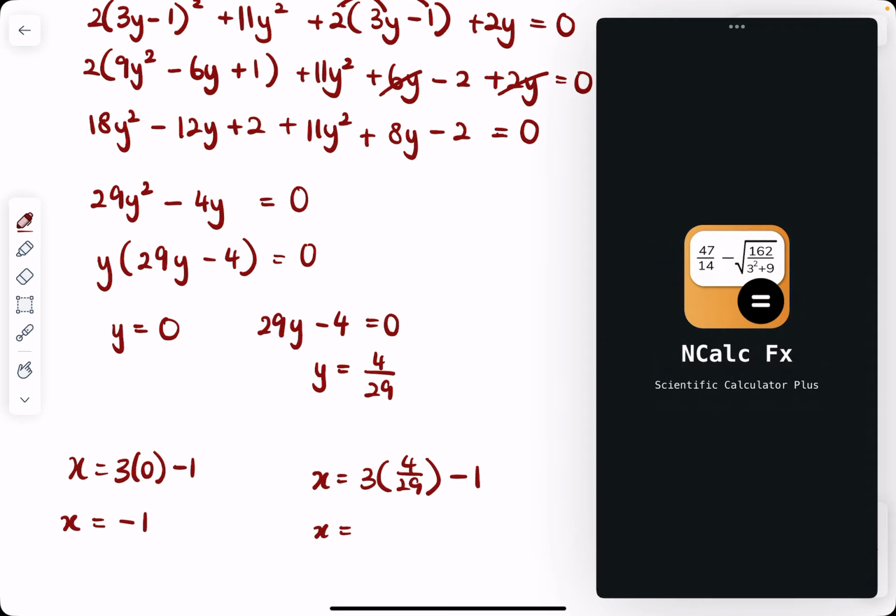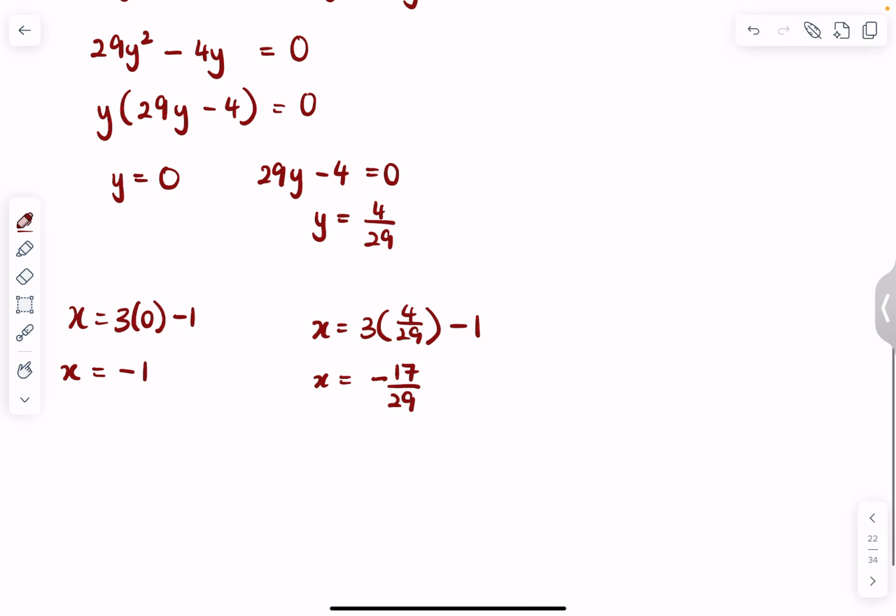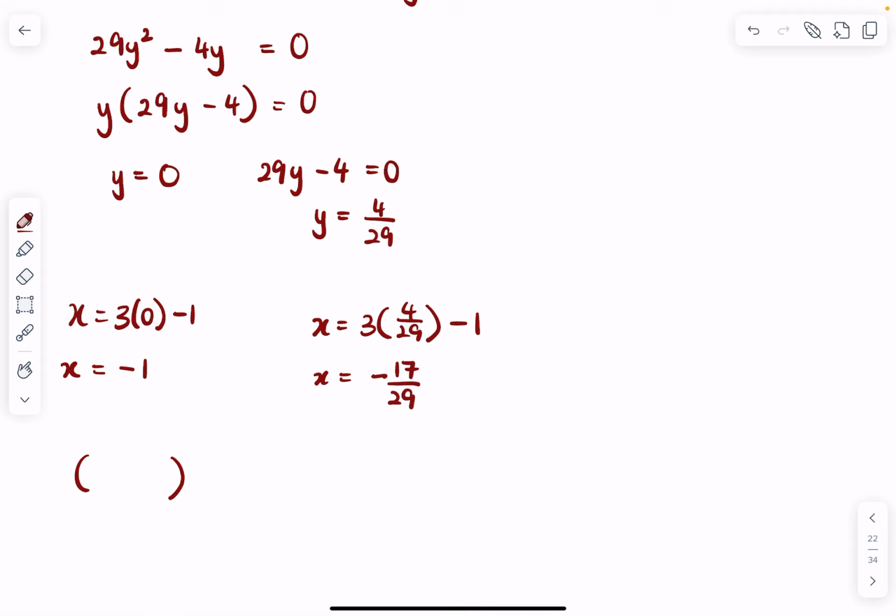Here, 3 times 4 over 29 minus 1 gives negative 17 over 29. So this will be our two intersection points. The first one is x negative 1, y 0, or x negative 17 over 29 and y 4 over 29. So we can say these are our intersection points.